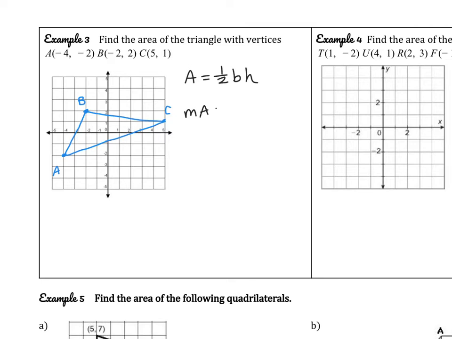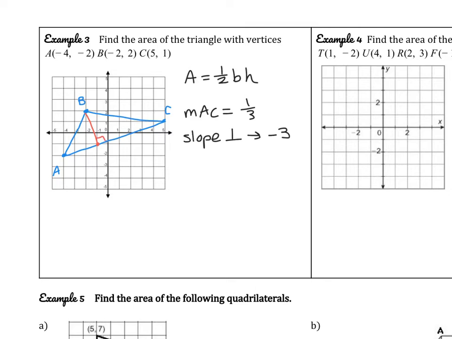So the slope of AC, if you look at it and we do rise over run, we see that it's 1/3. So we know that the slope of the perpendicular line should be -3/1. So if I start at B and I go down 3/1, that leads me to right here, which happens to be on line AC.